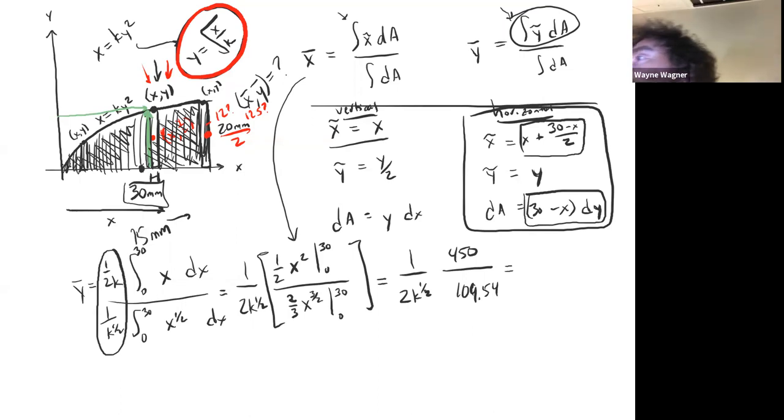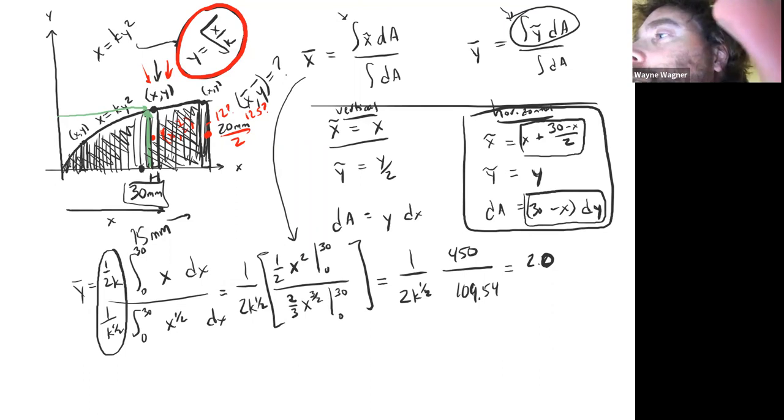So it's going to be 225 divided by 109.54, which equals 2.0540 divided by k to the 1/2.